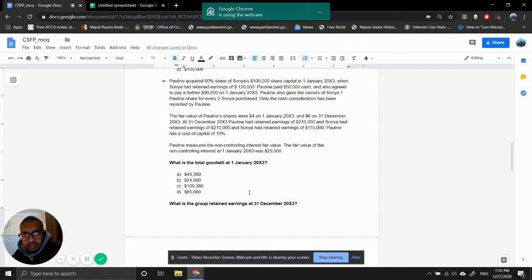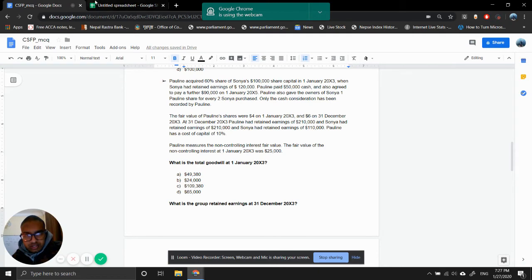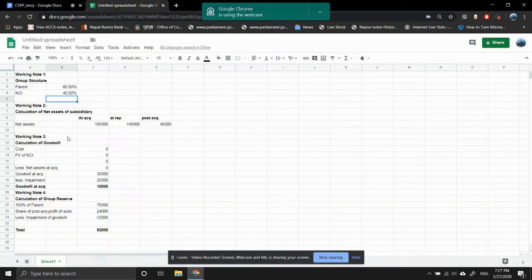Okay, same thing. So Pauline acquired 60% of share of Sonia, 100,000 share capital in 1st Jan 20x3 when the Sonia's retained earning was 120,000. So 60%, okay. So this is changed now 60/40, and then after that, what else did it say? Share capital, right? Share of Sonia's 100,000, okay.